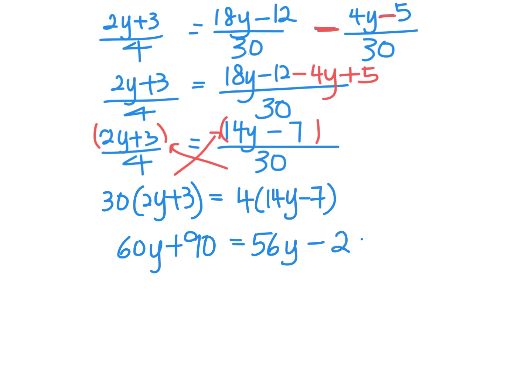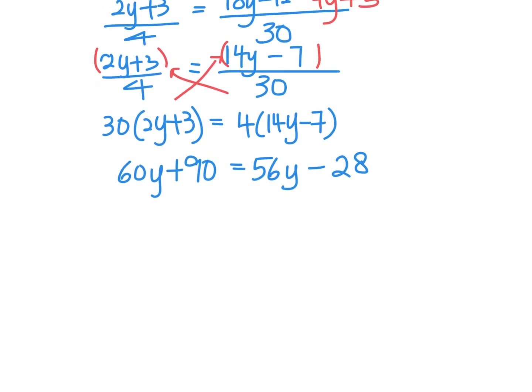4 times 7, 28. So now we need to shift our terms to bring all the y over to one side. So I'm going to keep 60y over here, and this positive 56 will need to migrate over to this side, becoming negative 56y. The original term on the right hand side is negative 28. So this is now positive 90.